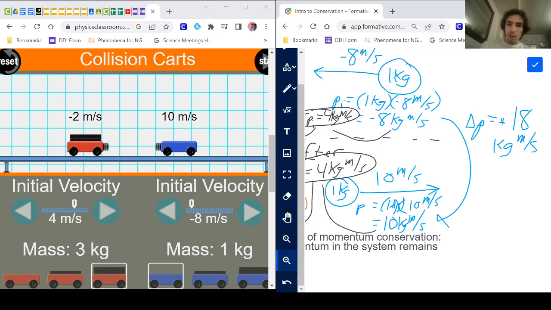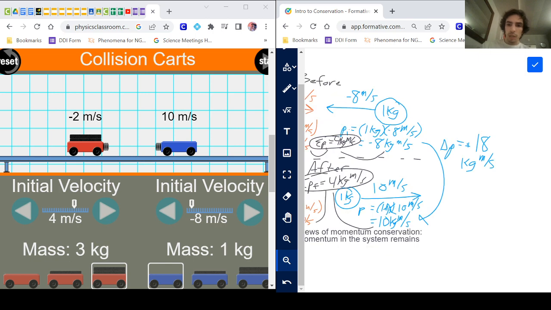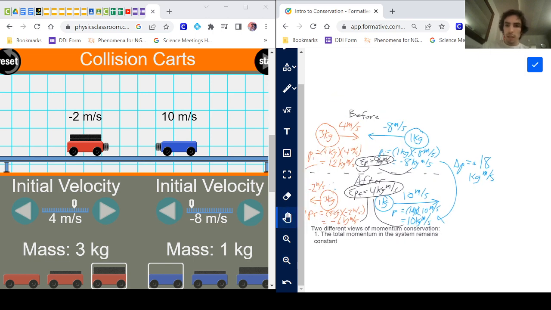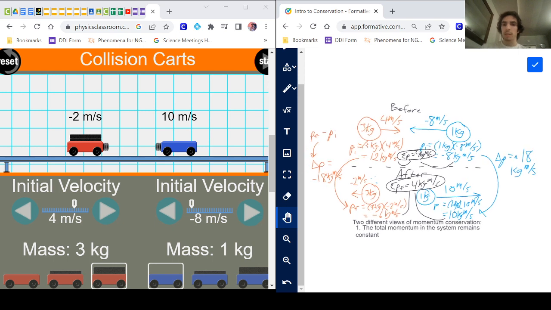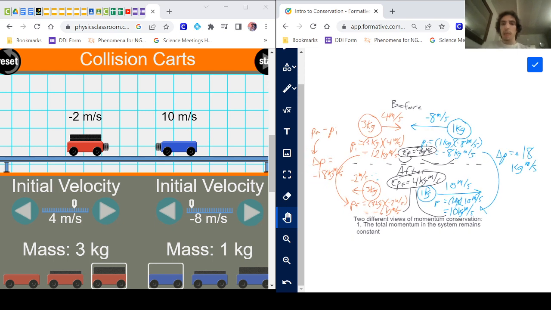And that may sound somewhat familiar, because that is the exact same but opposite change in momentum for the red object. So whatever this red object lost, it lost 18 kilogram meters per second. The momentum that it lost was gained by this blue object.